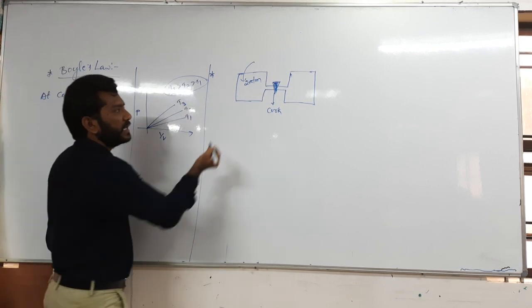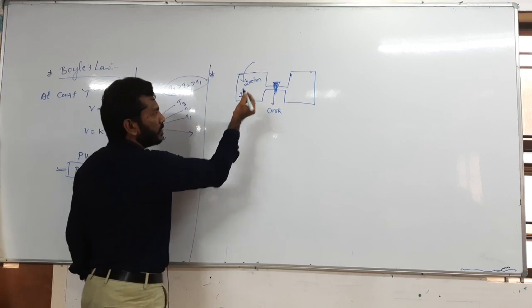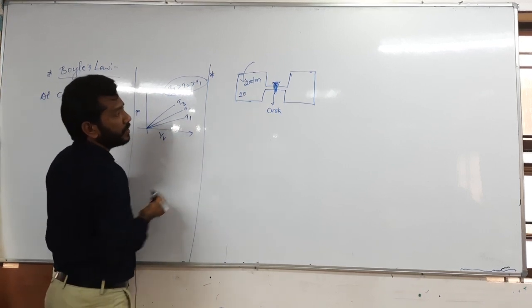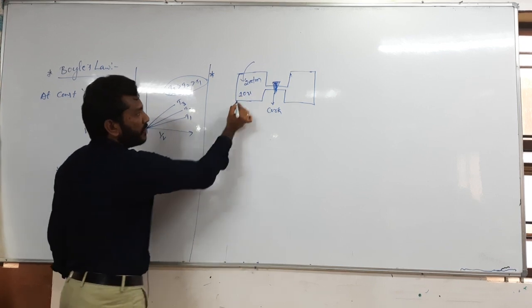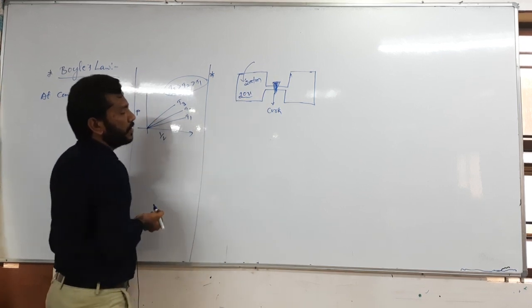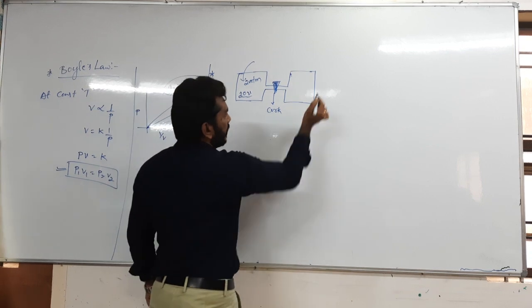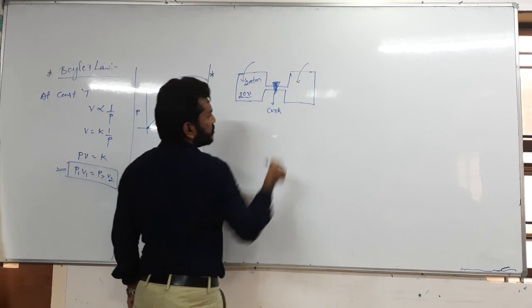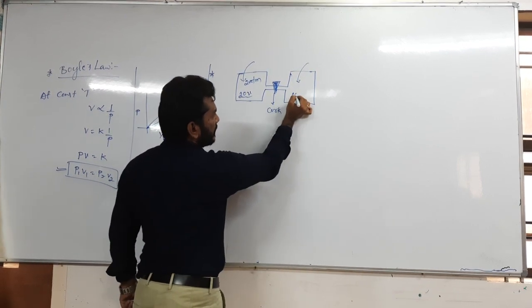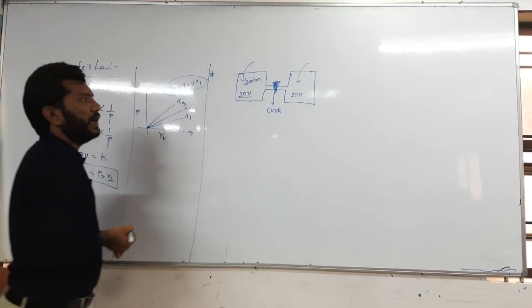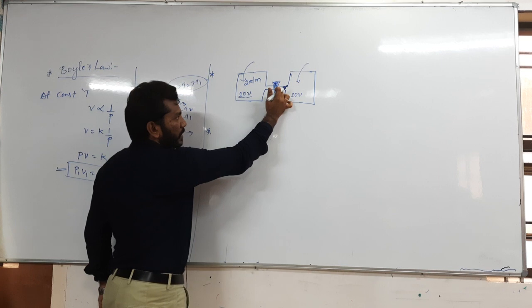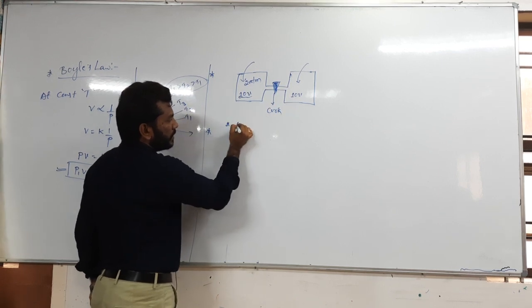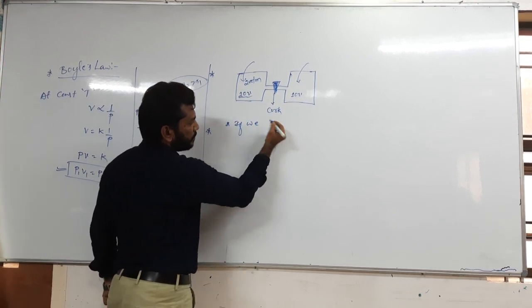And the volume of the gas in this container is 10 V. And here we have another container, where the volume of the gas is again 10 V. And suppose I remove this cork.